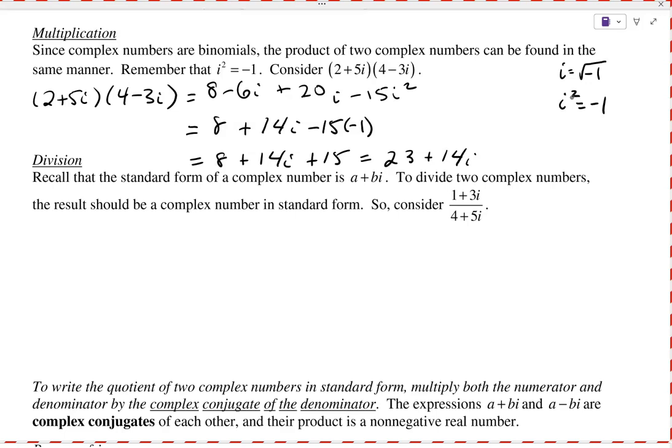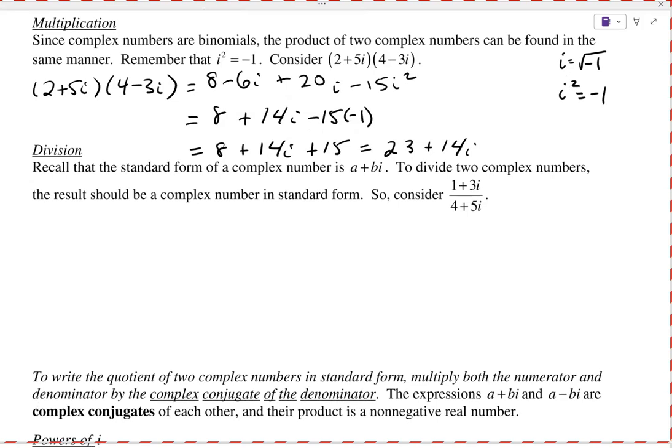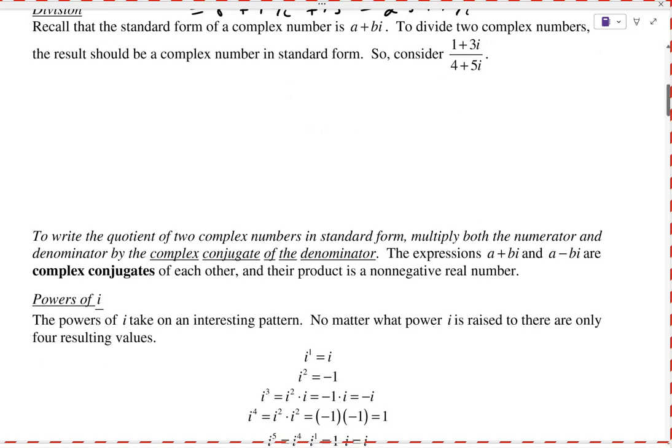Division is the only one that's a little bit stranger, but it's the same kind of thing that we did when we rationalized denominators back with radicals. Remember when we rationalized with radicals, we multiplied by the conjugate of the denominator. We just change the sign in the middle. We're going to do the exact same thing when you divide complex numbers.